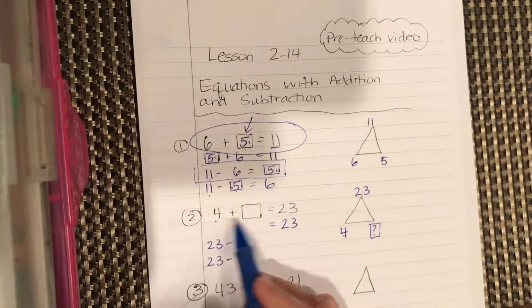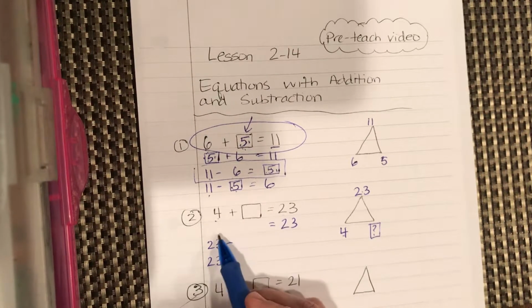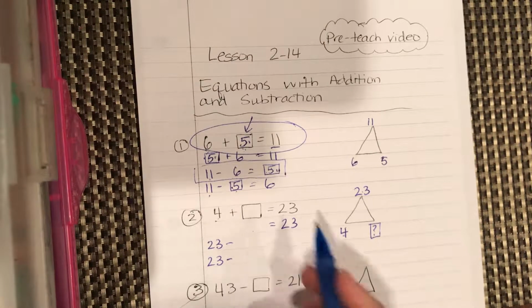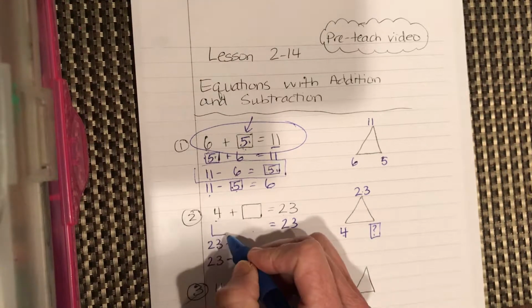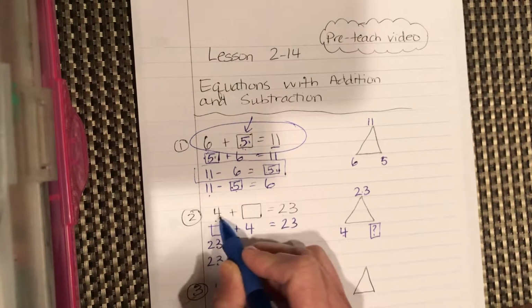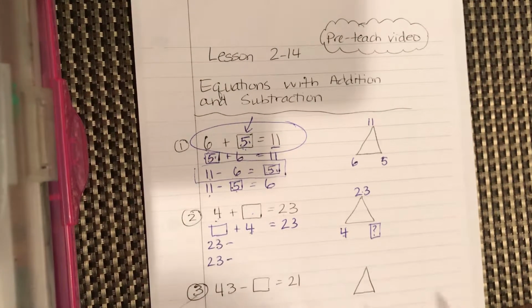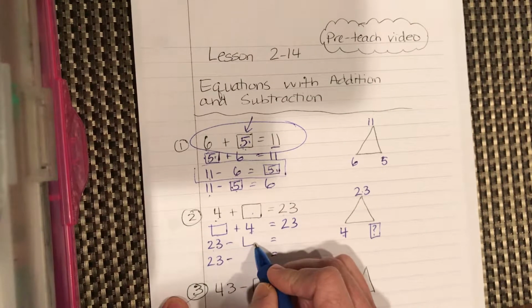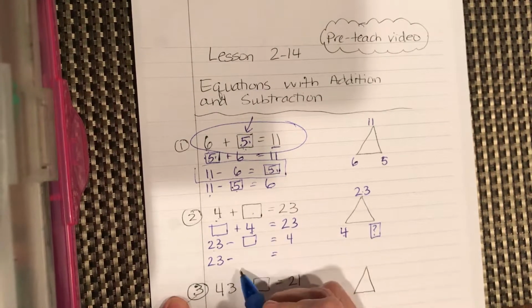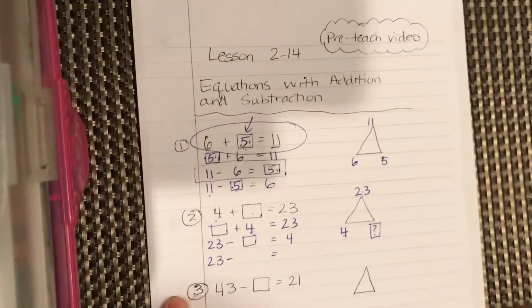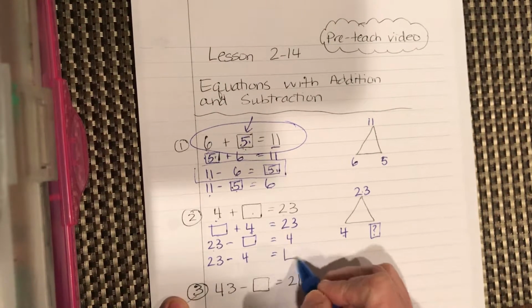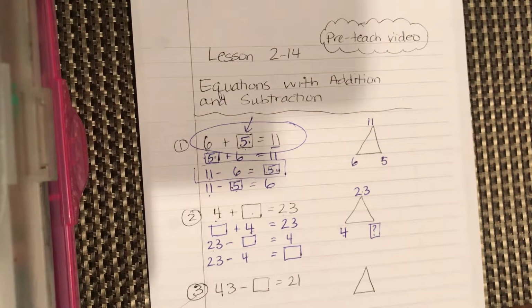This one should have what number plus 4, right? 4 plus what is the same as what plus 4? Then how about here? 23 minus what equals 4, and fill this one in. 23 minus 4 equals what? So which one's the easiest one to figure out?